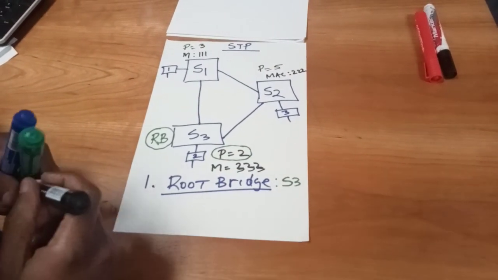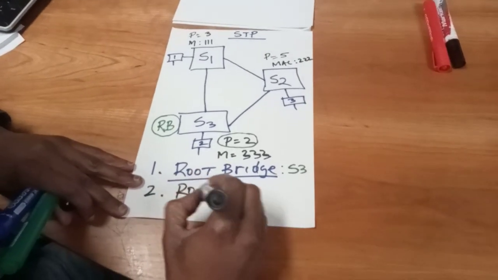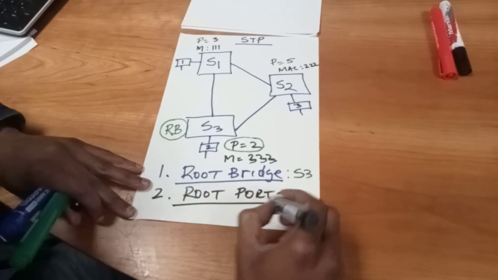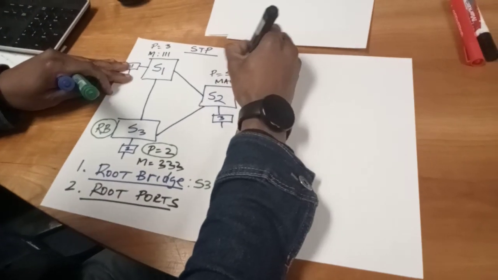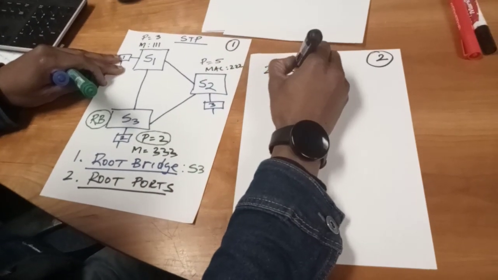Now step number 2, right, we have to choose the root port. The root port, we're going to choose by going for what? That's my number 1, that's going to be my number 2. So we're going for the root port, right?